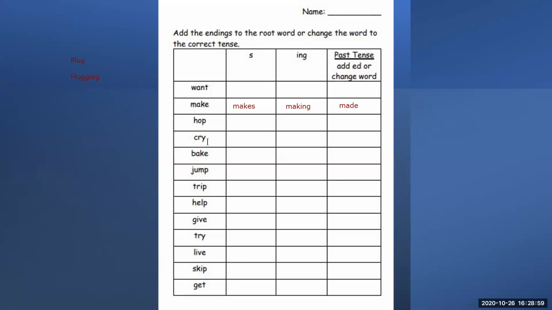Another one that you have to make sure you remember the rules for is verbs that have a Y at the end. All right. So when you have a Y at the end and you're going to add an S, are you going to have it look like that? No, that is not accurate. That doesn't even look accurate. So that's not correct.